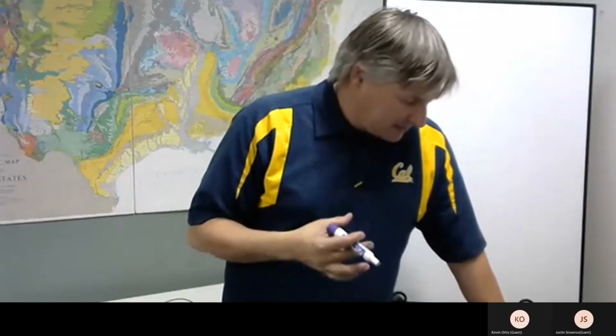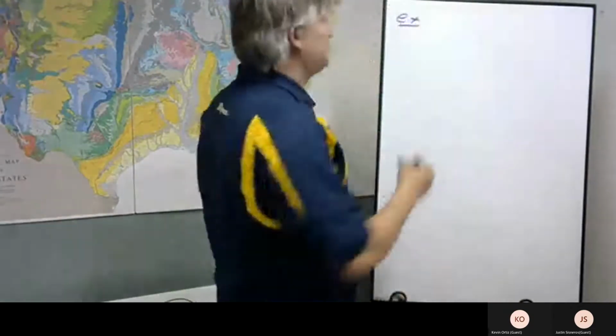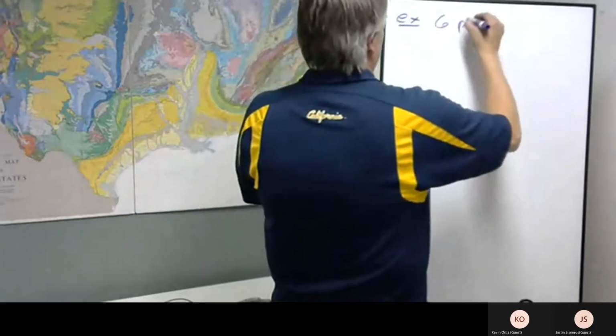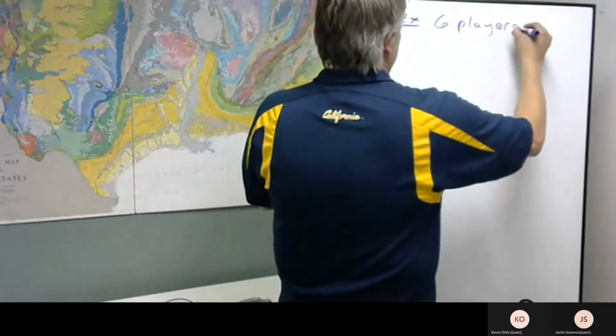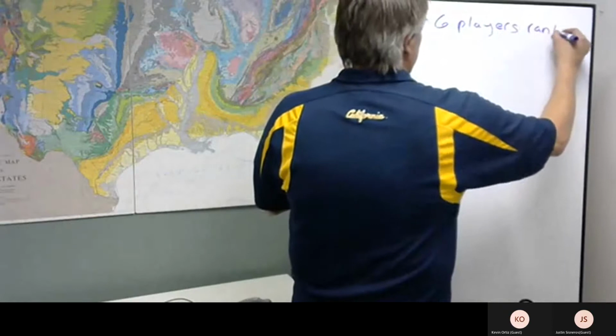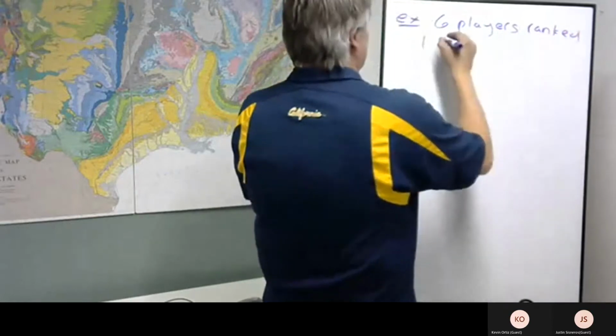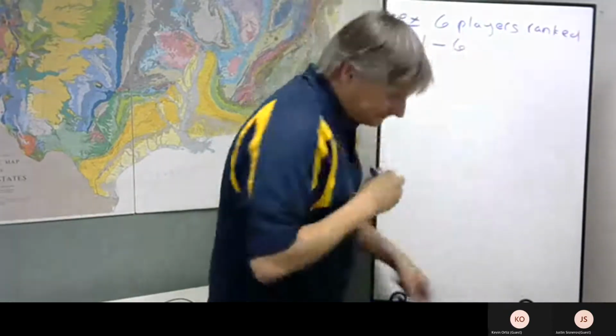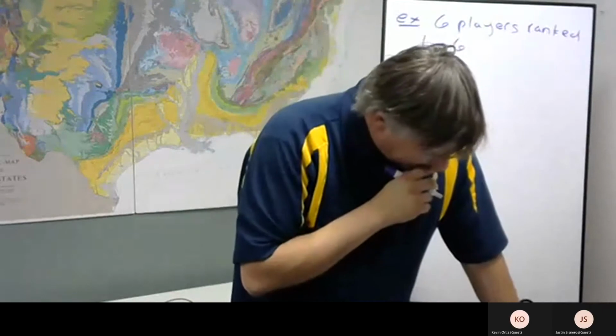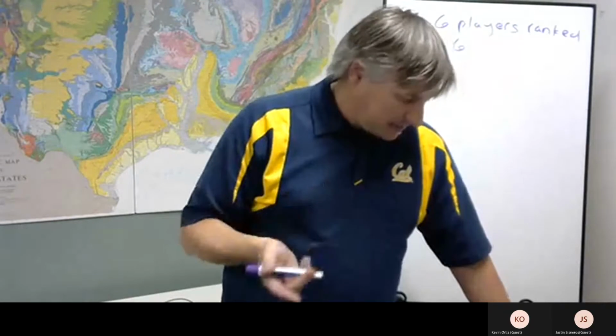So example 2, it's on page 698. And it says this: you have a tennis team with 6 players ranked 1 through 6. Now, the coach has 10 players to choose from to make this team of 6. So how many ranked teams can you put together?